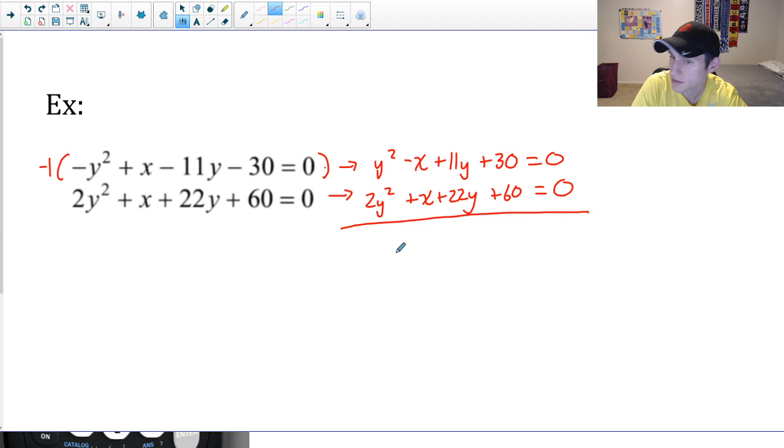And we'll add these together. Go column by column. So 3y squared, 0, plus 33y plus 90 equals 0.